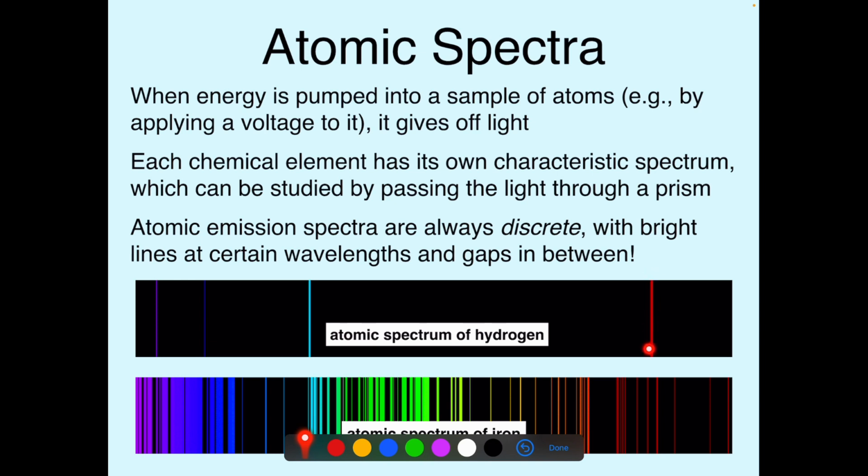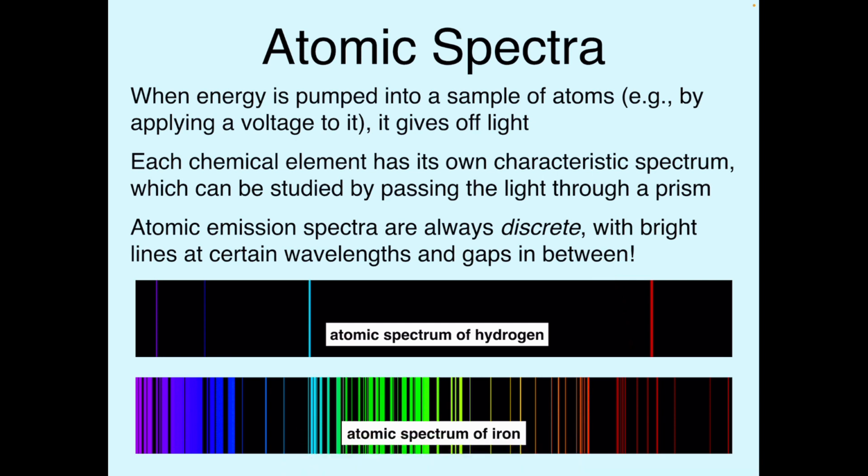Let's say this red line in the hydrogen spectrum and then like this blue line in the hydrogen spectrum are where light is being emitted, but there are gaps in between, okay? So it's completely dark in between those lines, and that means no light is being emitted at these wavelengths over here. So that's what we mean by discrete, okay? The atom gives off light at very particular wavelengths, and it does not give off light at wavelengths in between.